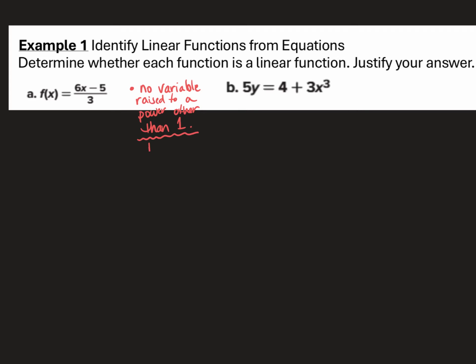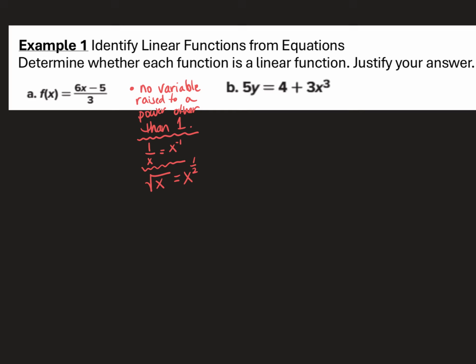If you have a variable in the denominator, that means you have a negative exponent, which means there's no variable raised to a power other than 1. This would be to negative 1, so that would not be linear. Also, you could not have the square root of x, because if you have the square root of x, that means you have x to the 1/2 power, which means that is not linear.